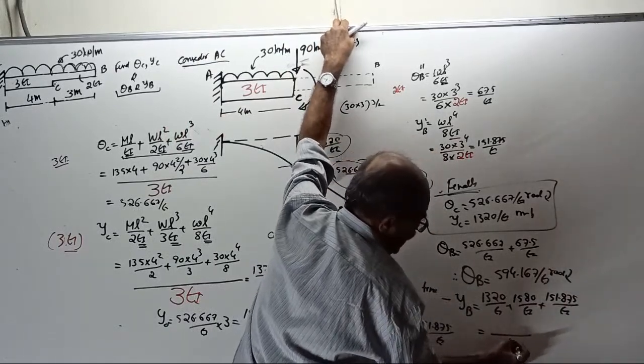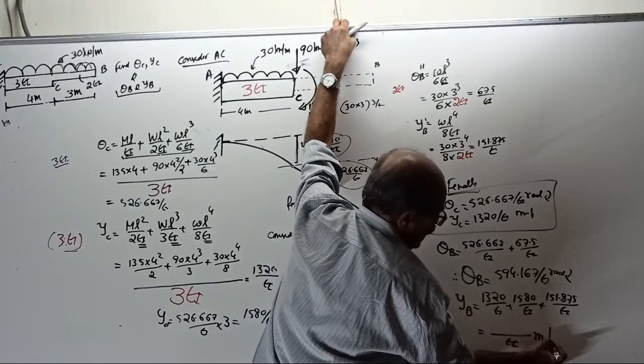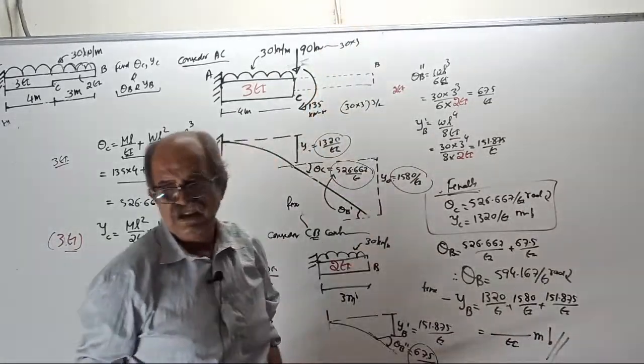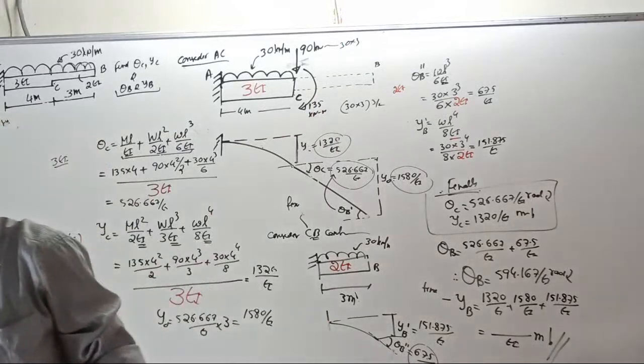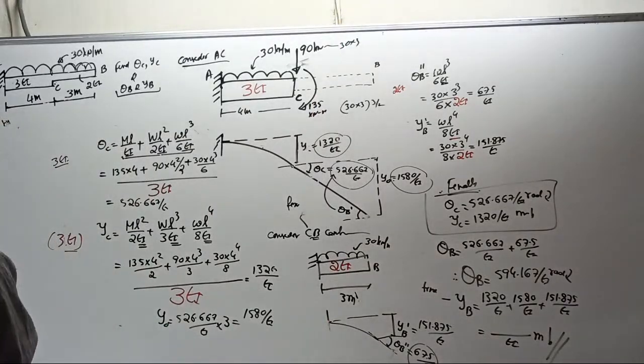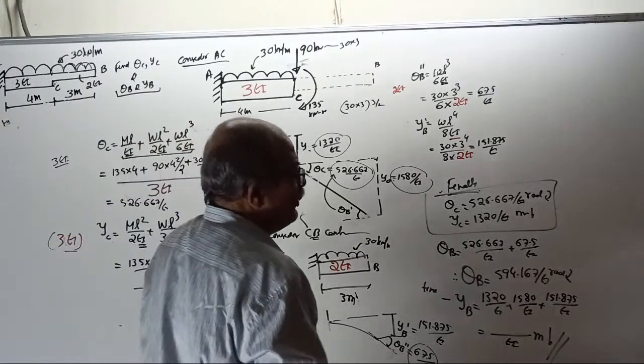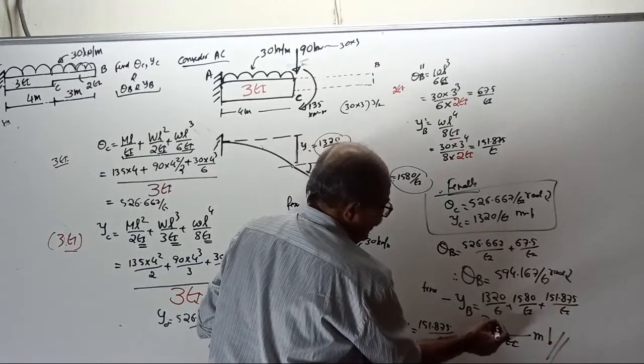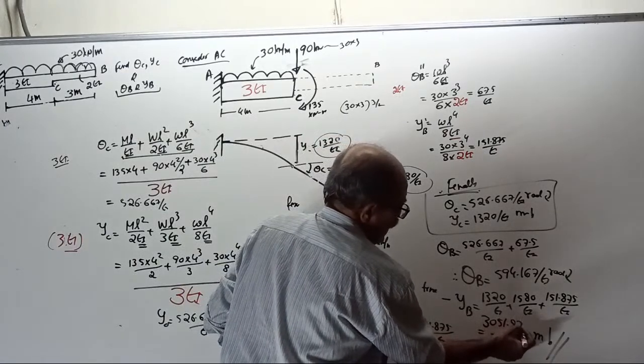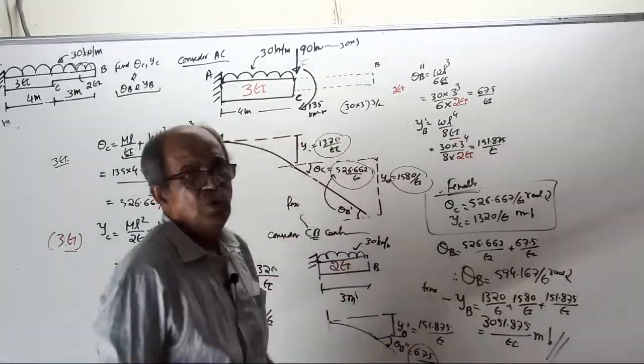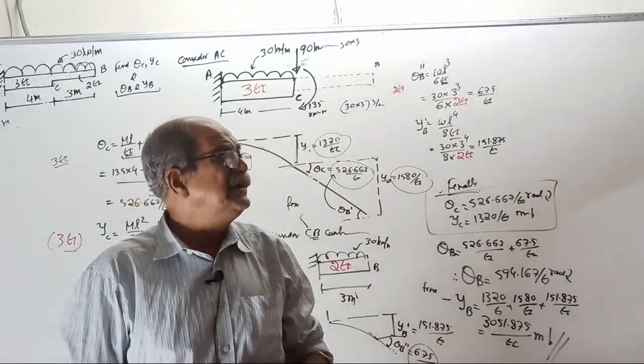Therefore, what is the final deflection of B in meter? Last answer I am asking in this class. It is 3051.875 by EI.